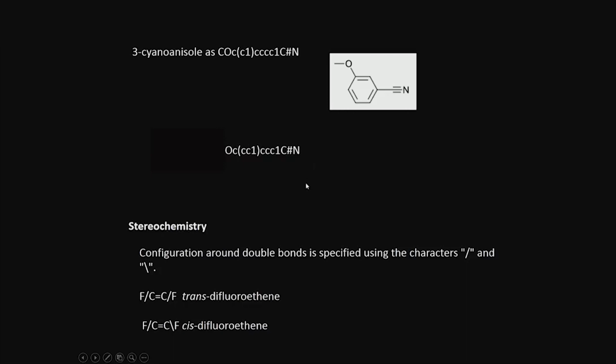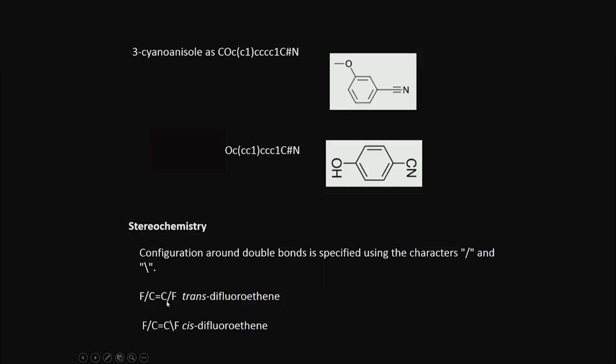Okay. If you have cyanide and OH here, CO here, this corresponds to this, and then CC1, okay, then CC1, then C triple bond N. So, if you have stereochemistry, the configuration of double bonds is specified using this or this.